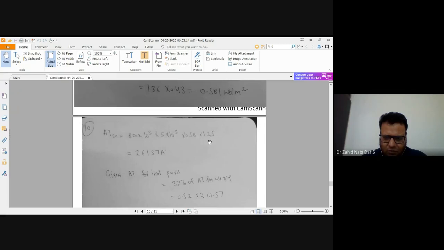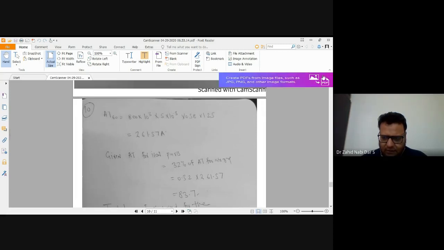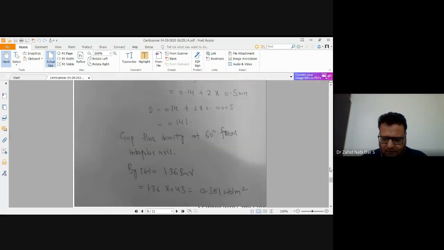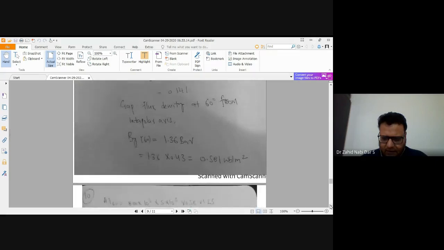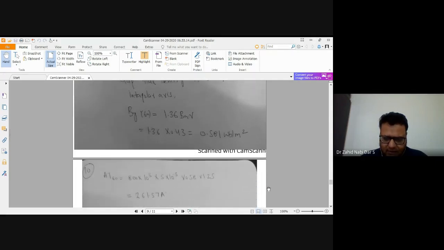This is the gap correction factor, this is your LG and this is your KW. This is your BG60, 0.58 that you have calculated, your LG value is here, and this is your gap correction factor 1.25. So once you substitute here, you get a value of 261.57 ampere turns.